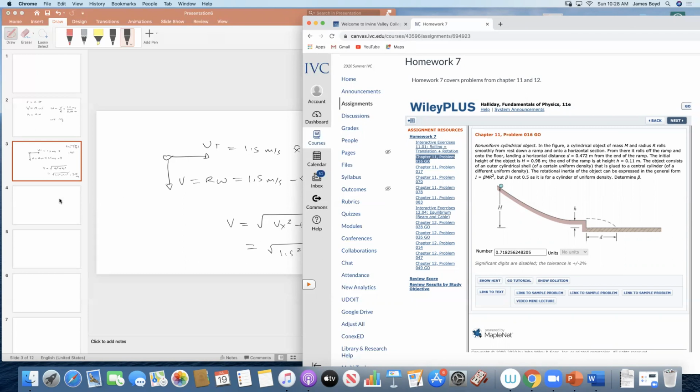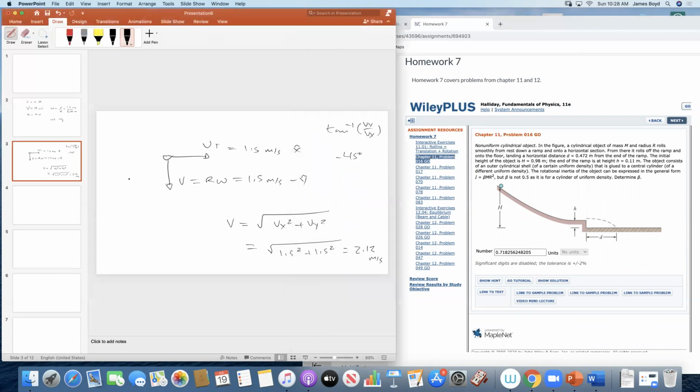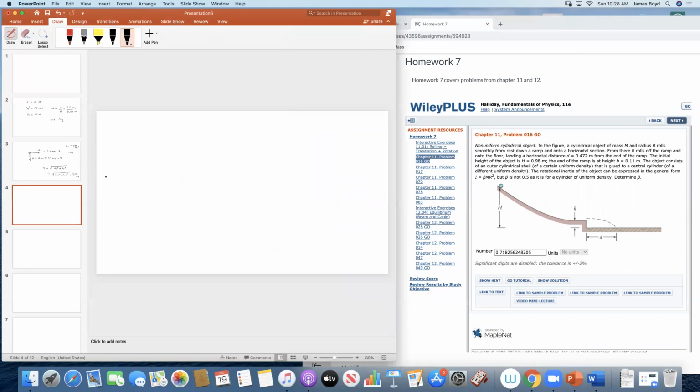There's a few little things, mostly the way it's set up by Wiley Plus. So we're going to talk about it, and then we're going to talk about how to solve it for Wiley Plus. So let's just first talk about the motion from when it starts at the top to when it reaches the bottom of the ramp.